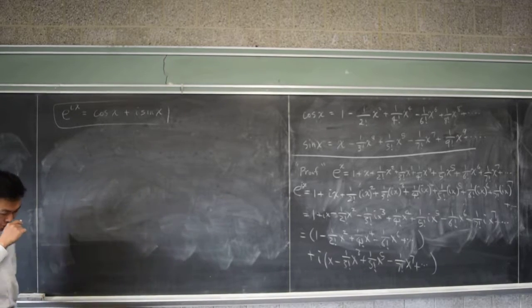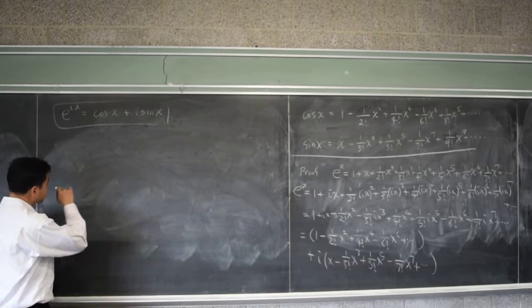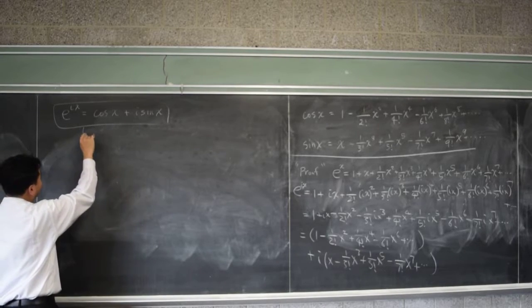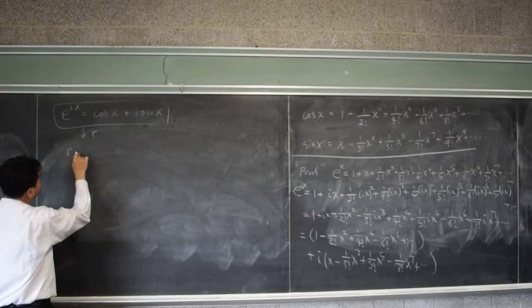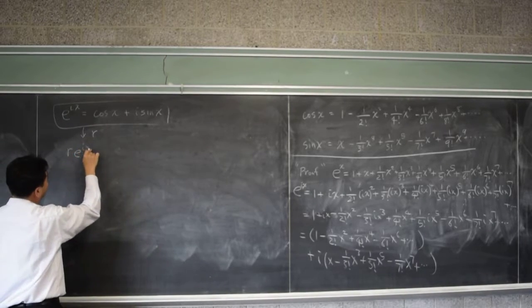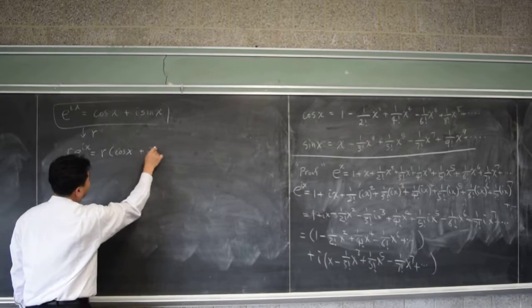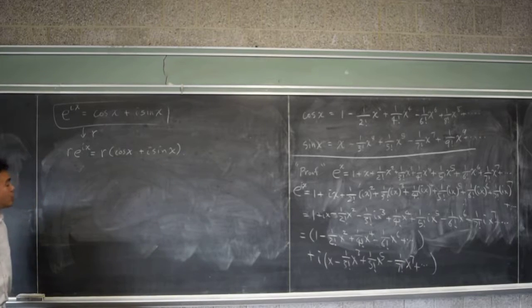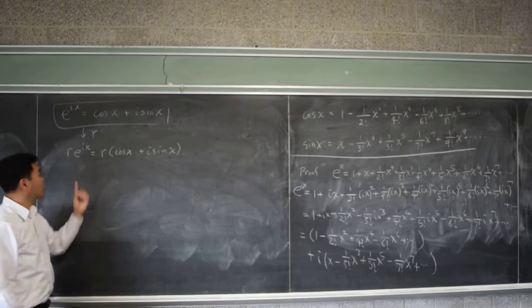Now, the consequence is the following. If you multiply r on both sides, then you have r times e to the ix equal to r times cosine x plus i sine x. And writing a complex number in this form is called the Euler form.